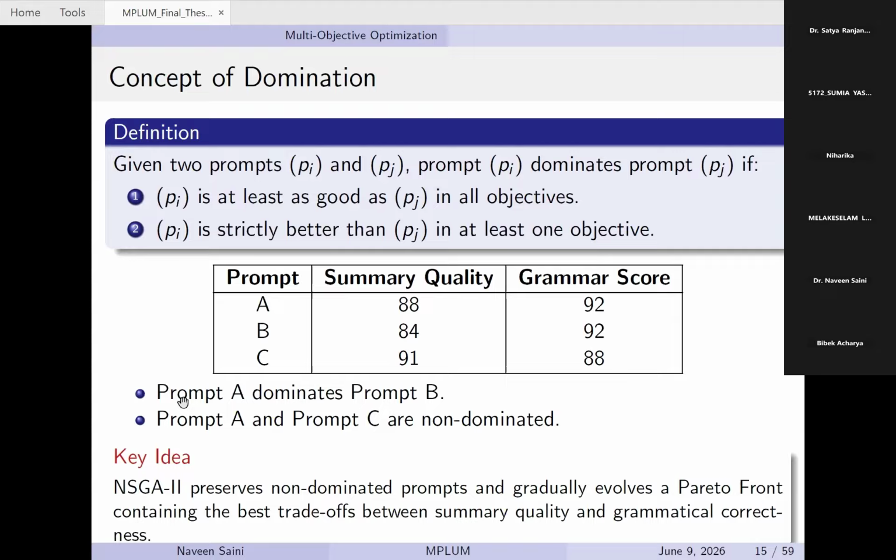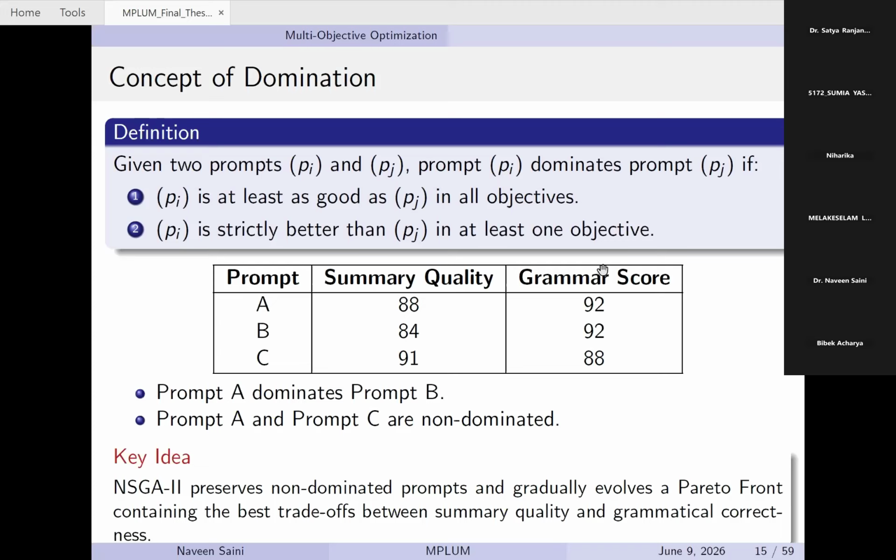So here prompt A dominates prompt B. But what is the reason? In terms of summary quality, prompt A has a higher score as compared to B. So the second condition is fulfilled: Pi is strictly better than Pj in at least one objective.